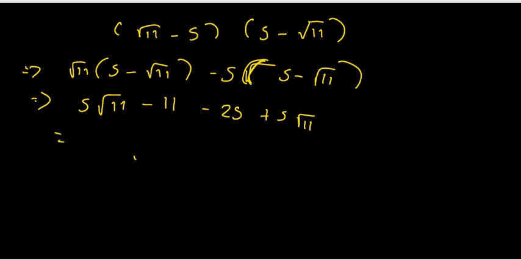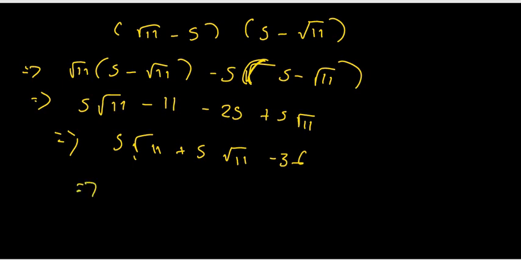Then from there you can clearly see that this one and this one, they can add up, which can give us 5 root of 11 plus 5 root of 11. Then we subtract: if we add those, we keep the sign of the bigger number, it will give us 36.